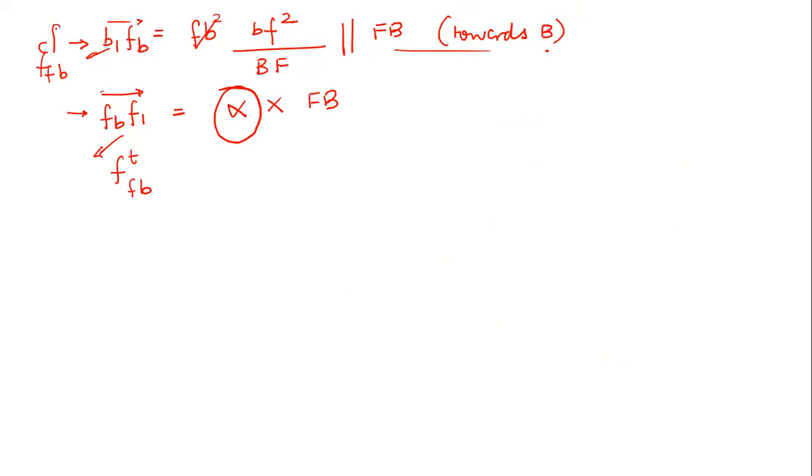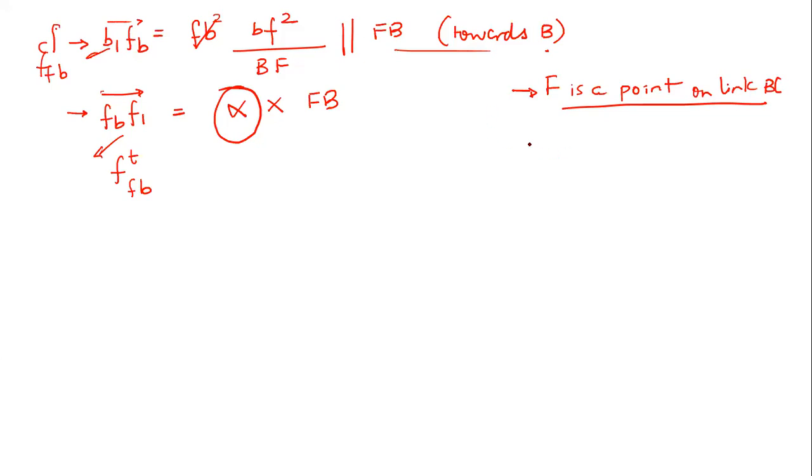Let me give you a hint: this F is a point on link BC. Now use this hint and think, is it possible to calculate the value of this alpha?